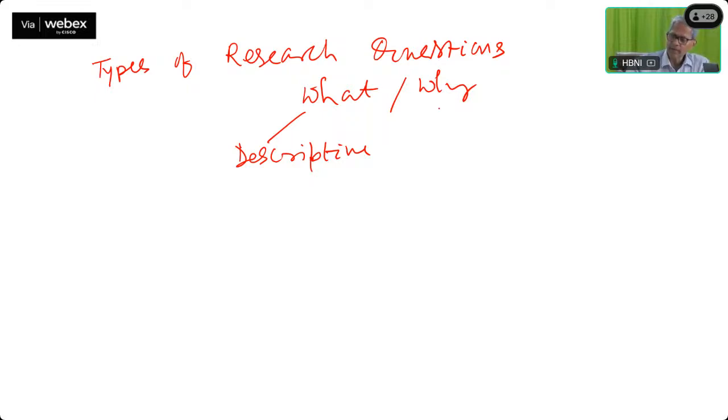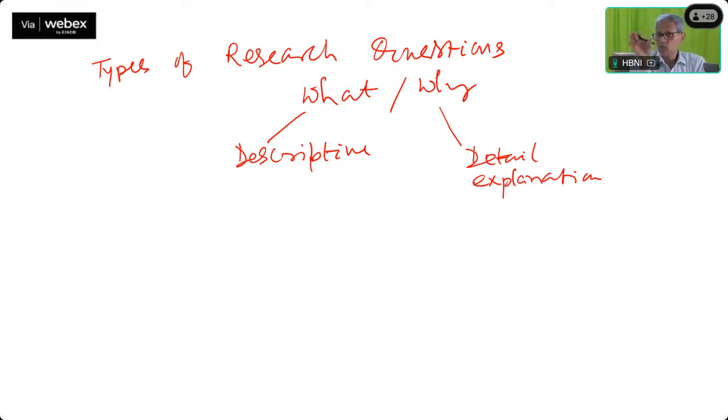That is why, this is detailed explanation. So when you write research questions to research objective, the objective is the outcome of the research.